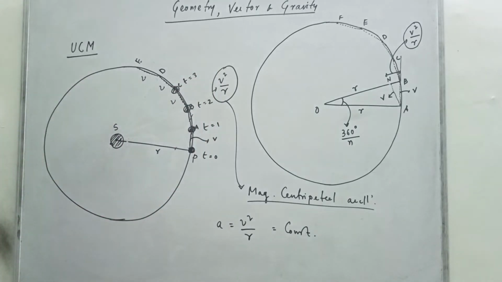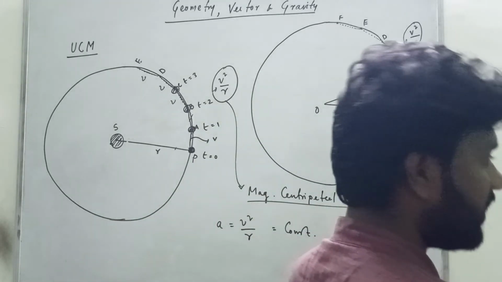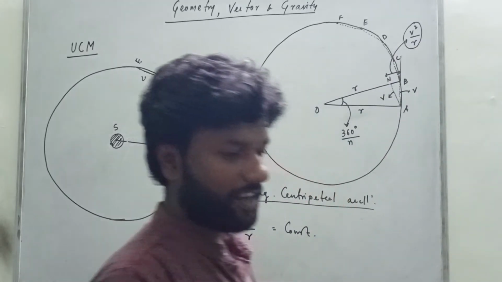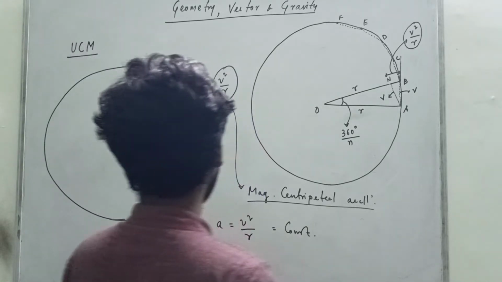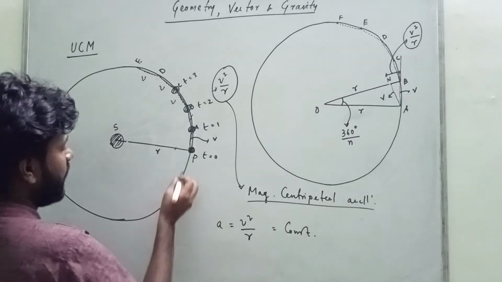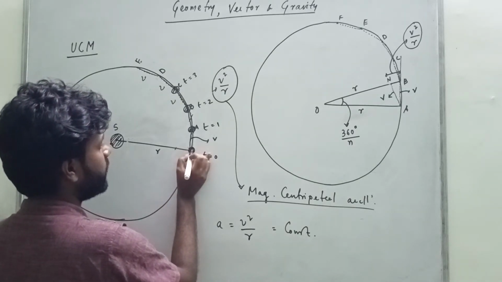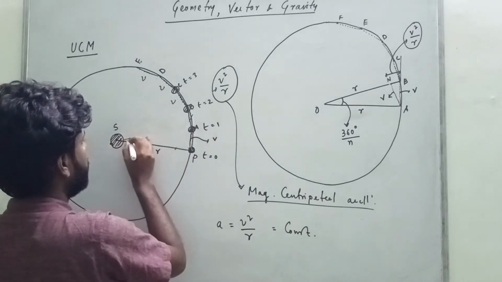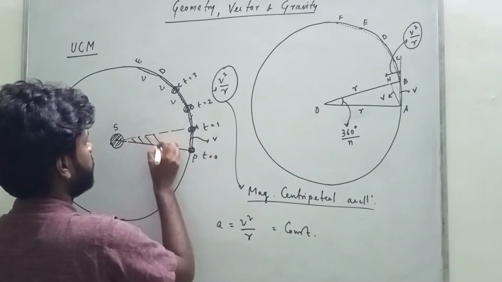Okay. So I want to calculate the area traced out by the planet, right? When the planet goes from here to there, the area traced out with the sun is this thing.